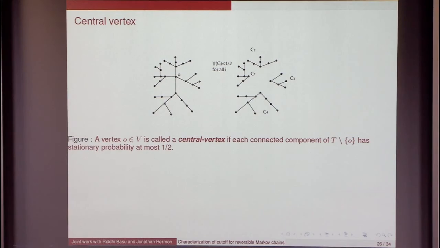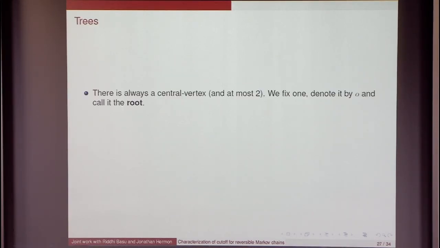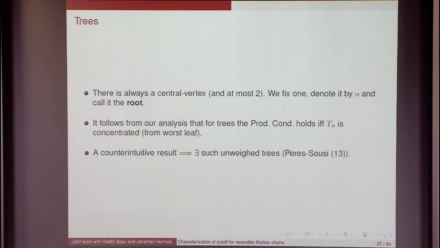They're neighbors. So you can always fix one, called O, and that's the root. Basically, the worst set to hit is always what's hiding behind the central vertex.